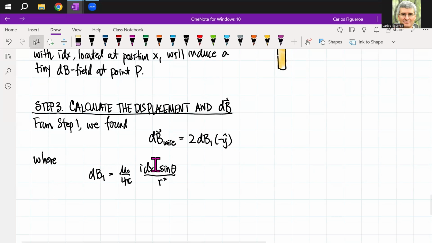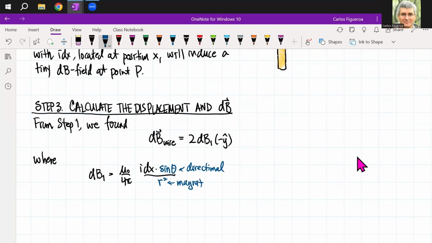In other words, what we have to calculate now is the sine, the directional, and the magnitude r. We need this directional, and we need that magnitude of the displacement.